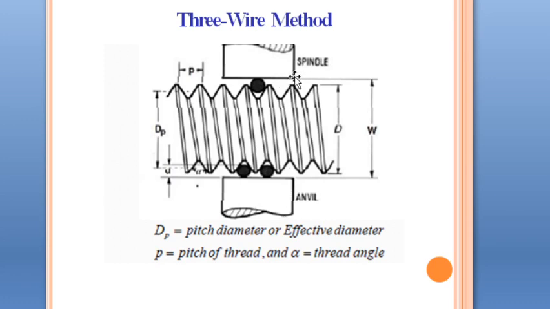The distance from the anvil to the spindle, W, is the micrometer reading. This one is the major diameter.